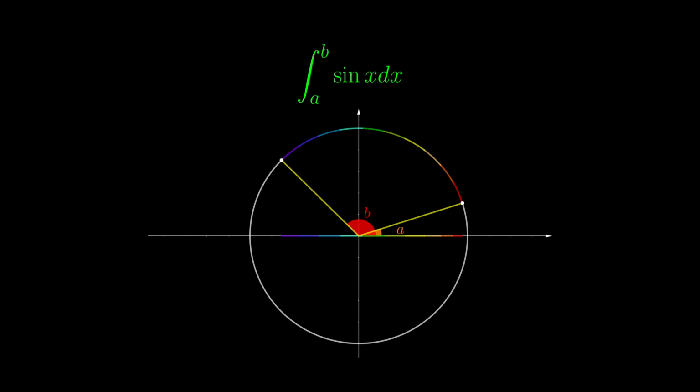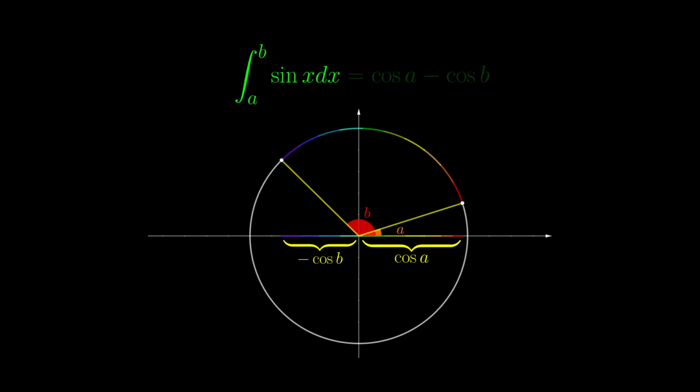The right segment here is by definition cosine of A. And similarly, the left segment here is the negative cosine of B. The reason we have the negative sign is that the cosine of B in this case is negative, and so we need a negative sign to make it positive. That means we have proved this formula that is typically derived using integration.